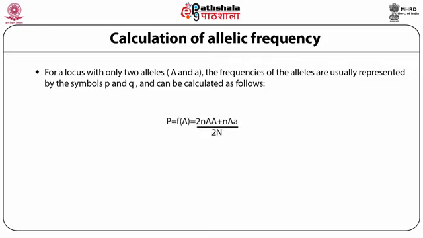The frequency p, that is, the frequency of the A allele, is twice the number of AA individuals plus the number of capital A small a individuals. This sum is divided by twice the total number of individuals in the sample. The same can be done for the other allele.